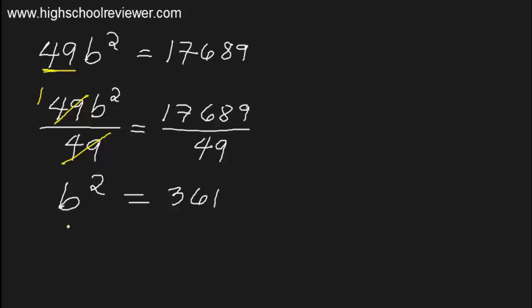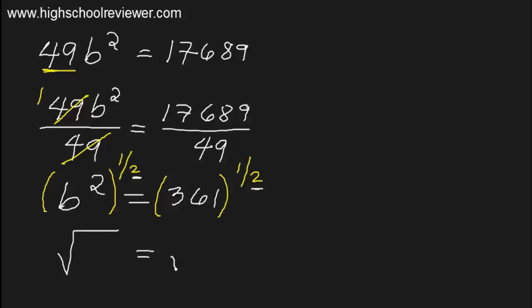To extract the square root, first we need to raise both sides of the equation to 1/2. Now, since the denominator of the exponent is 2, this will be the square root. So the square root on the left, and the same is true on the right side.